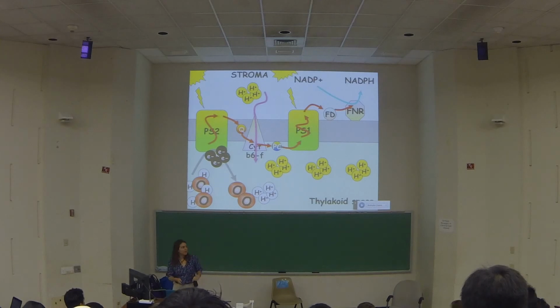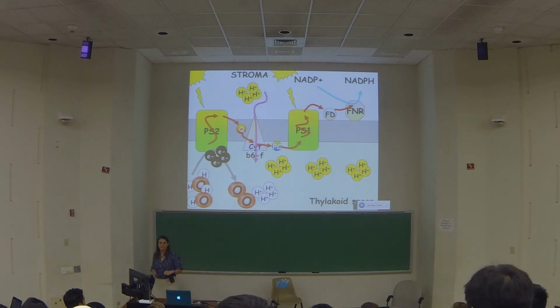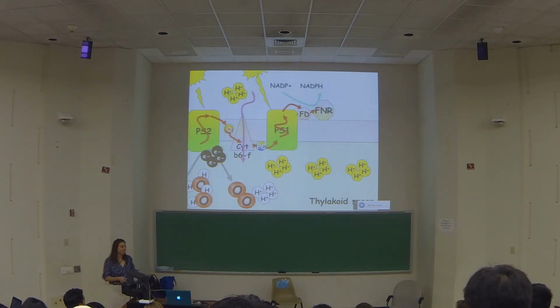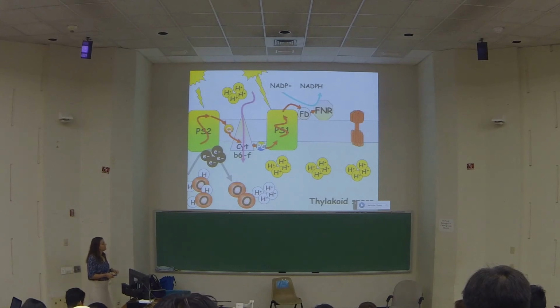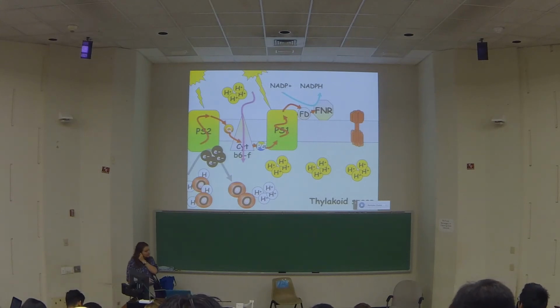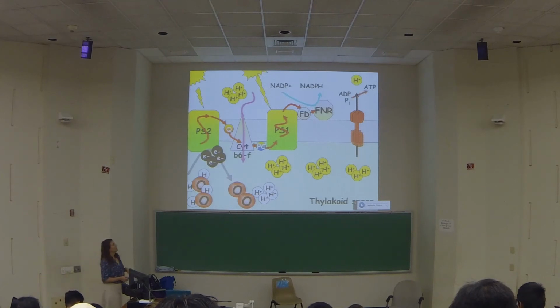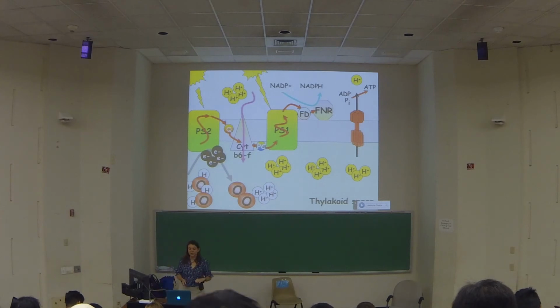Where is the ATP going to be made? What side? In the stroma. So the final step in this process, we have that ATP synthase protein complex. Protons are going to move through that, and that complex will use that energy to make ATP.